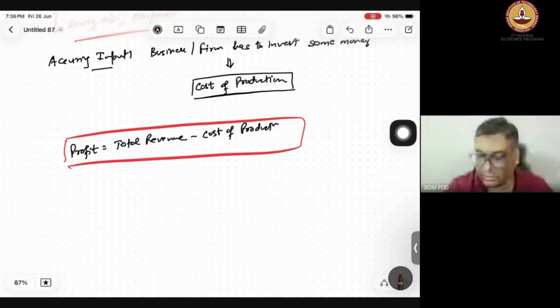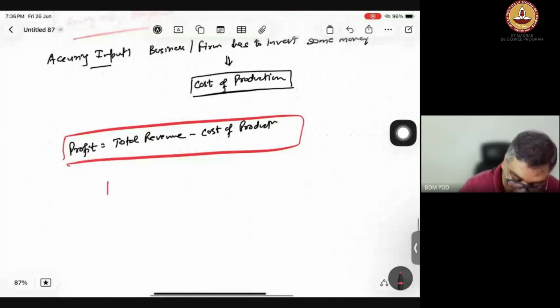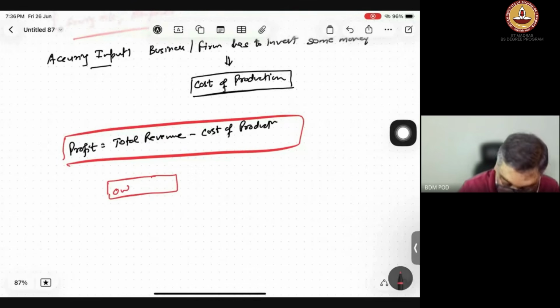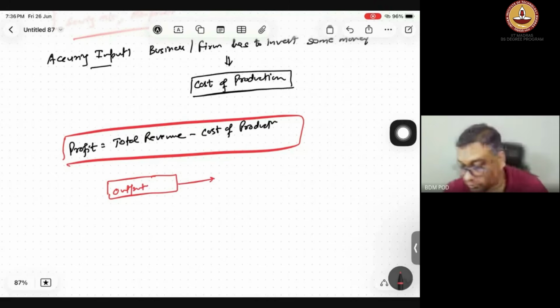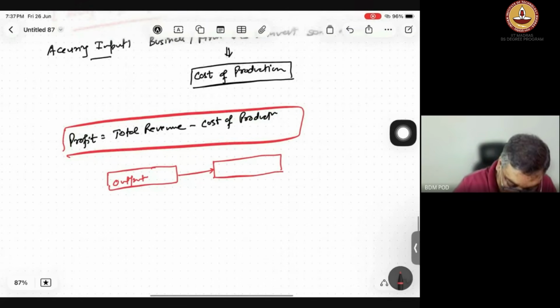Now try to understand what we mean by revenue. Cost of production you already know. So what is total revenue? Suppose this is your output. This output you are going to sell in the market. Whatever you are producing, it might be a service or it might be a product.